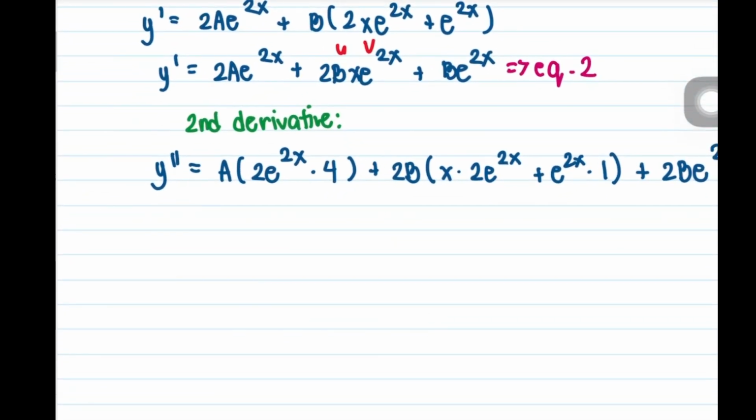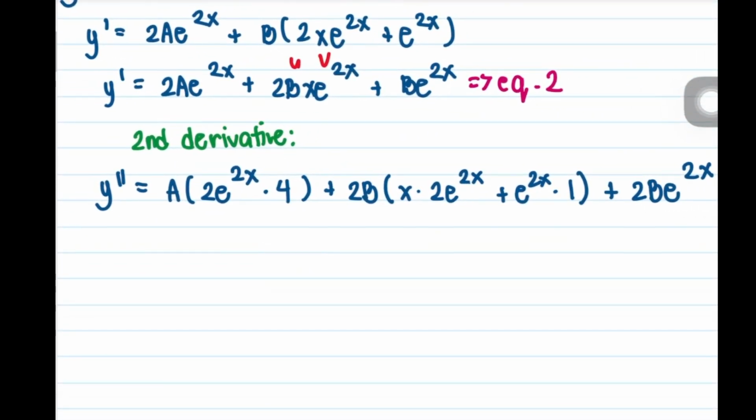Then after that, let's simplify. Let's distribute. y double prime is equivalent to 2a, 4a rather. Wait. This one will not be 4 but 2. Okay, that one was my mistake, because the derivative of a e raised to 2x is 2a e raised to 2x, so multiplied to 2.